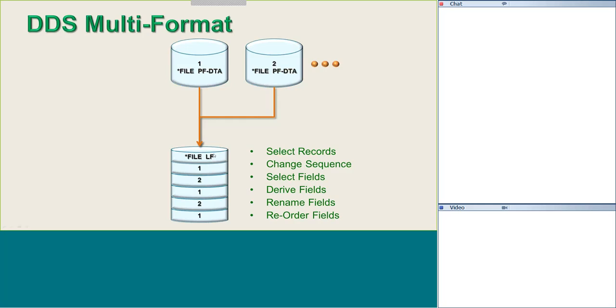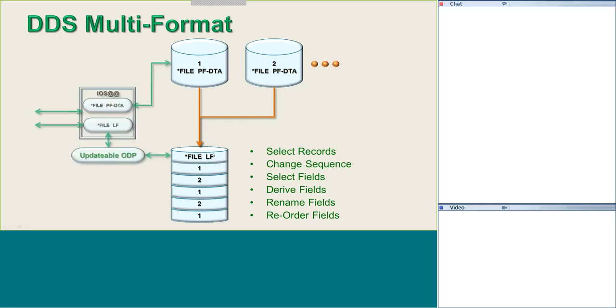Now, this multi-format has an updatable open data path. As a result, I can have an I/O server for it, and my client can update one or more of these physical data files through the I/O server without a problem, because the record type is linked to a particular physical file, so that's what makes the data path updatable.